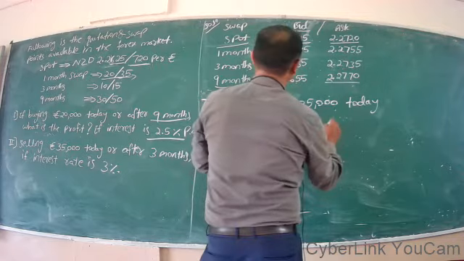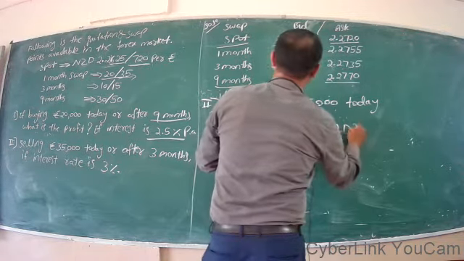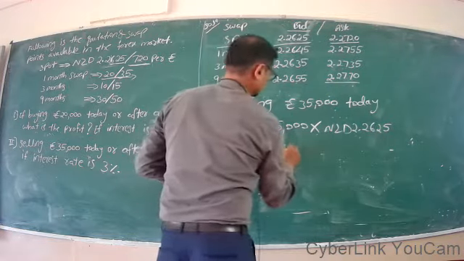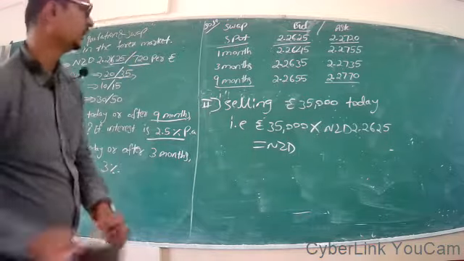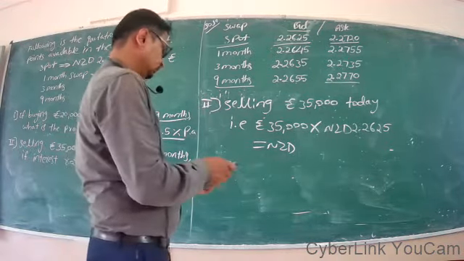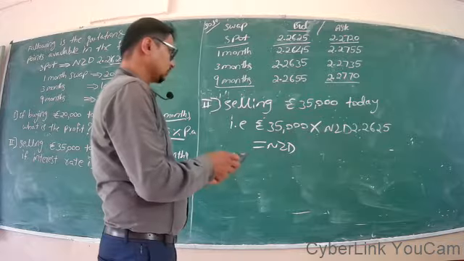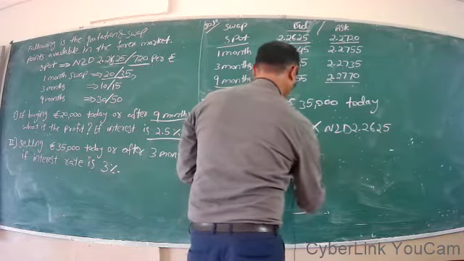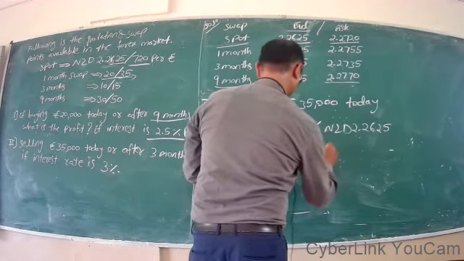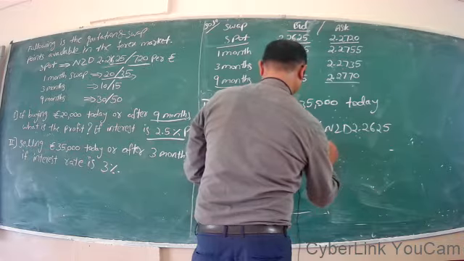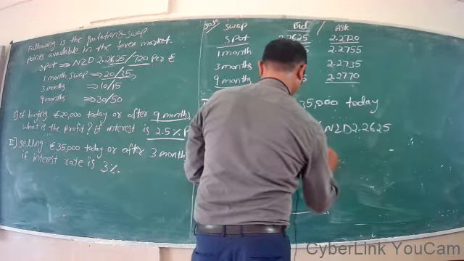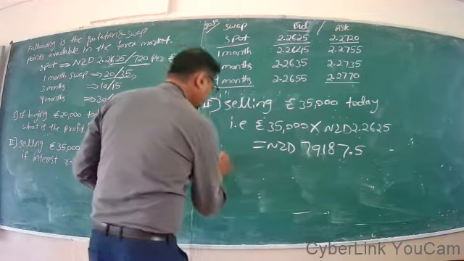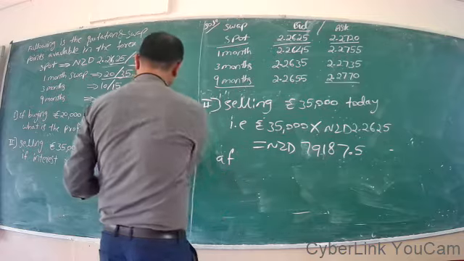You are selling 35,000 euros, so the entire amount will be 79,187.5 New Zealand dollars. So after, they are asking after 3 months.